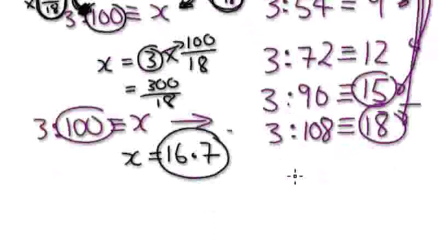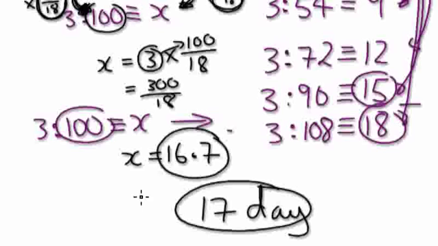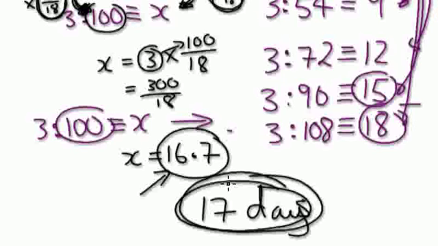So you can say that 17 days would be enough for 3 people to dig 100 meters. It won't take 17 days, it would take 16.7 days, but you can assume 17 days will be enough to cover 100 meters. Okay.